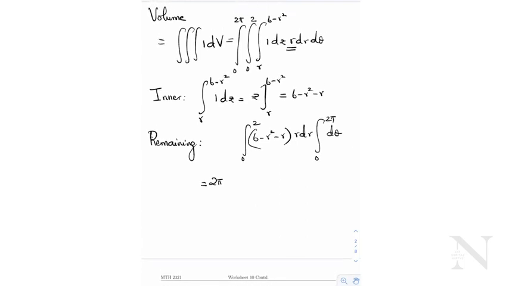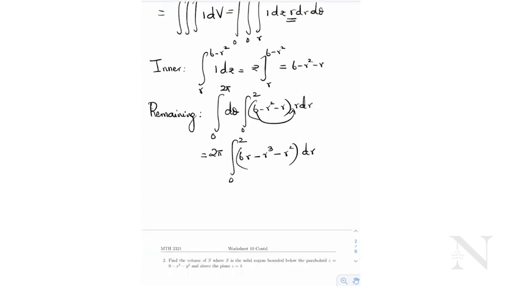So let's put this back here because I already wrote the 2 pi. And the remaining terms would be the integral from 0 to 2 of 6r minus r to the 3 minus r square dr. That's going to be 6r square over 2, which is 3r square, minus r to the 4 over 4, minus r to the 3 over 3, from 0 to 2.